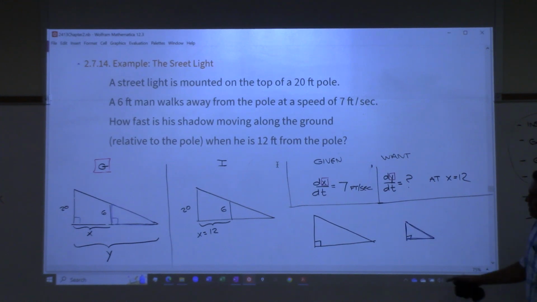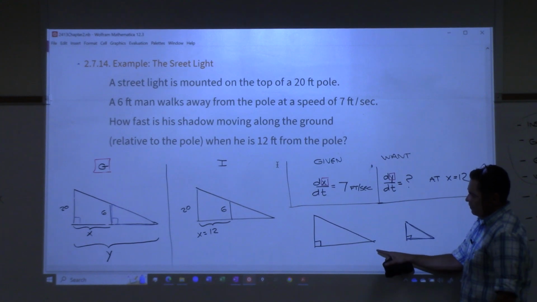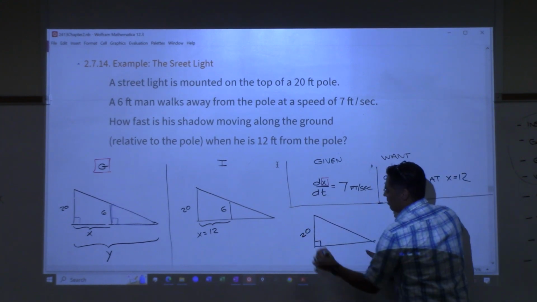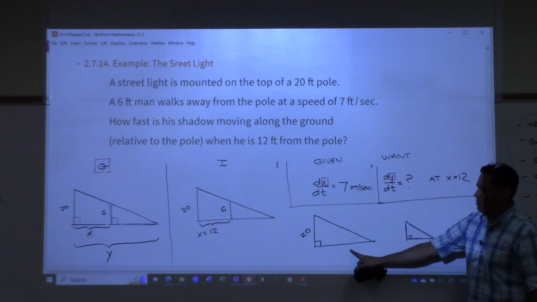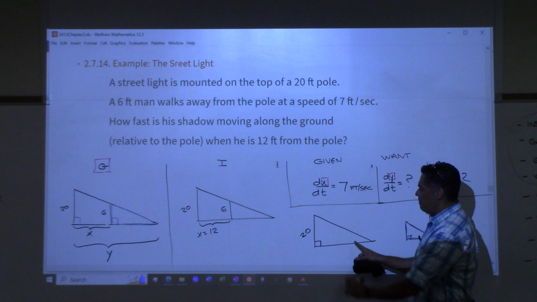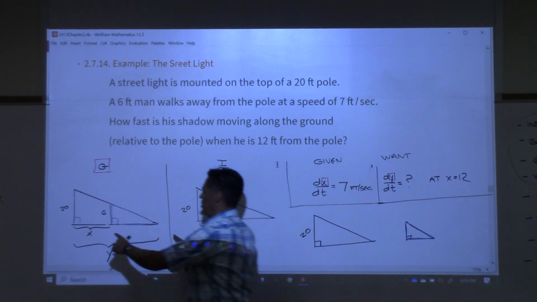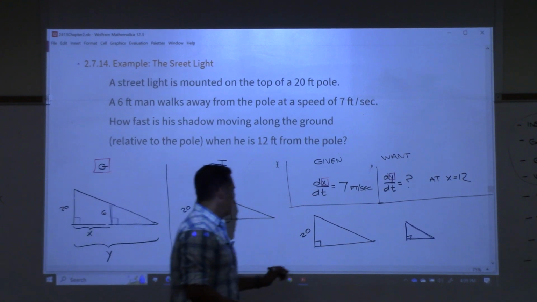Can somebody give me some of the dimensions or sides of this one? 20 on this side, and then this side must be? Careful, don't look at the instant in time. Why? What? No, this is the big one. Right? So this is y, right? That's y, that's 20. Everyone see that one? Okay.